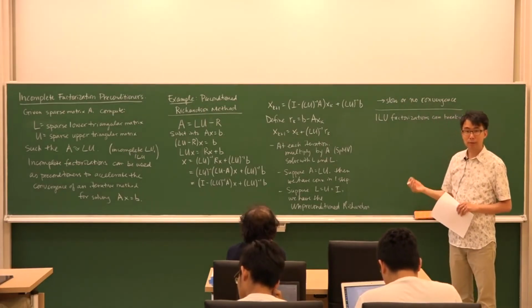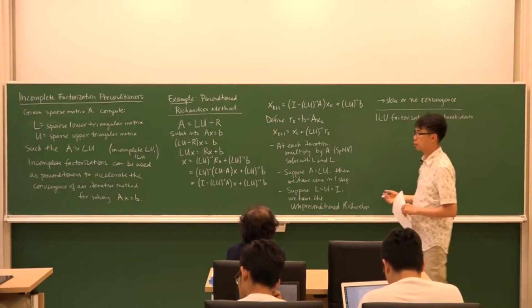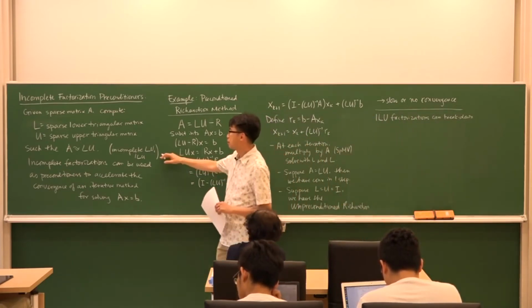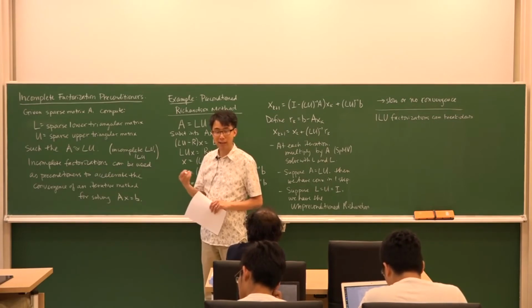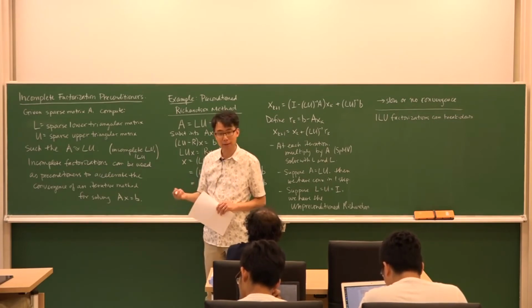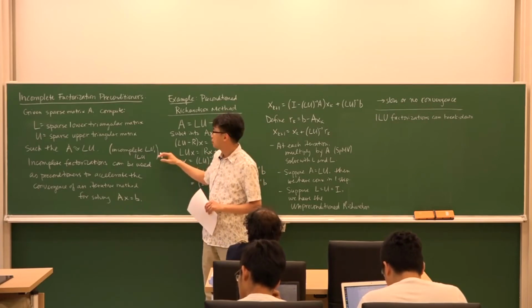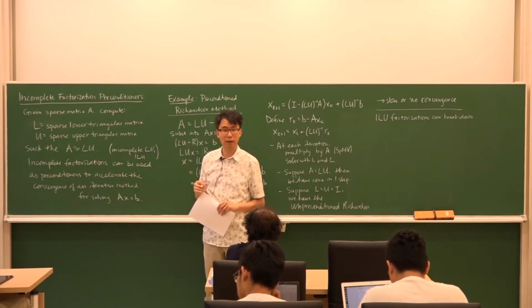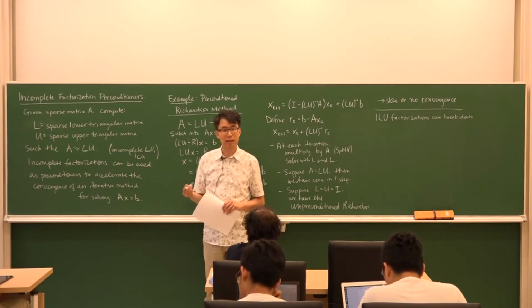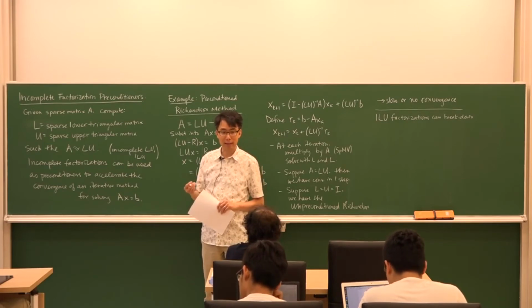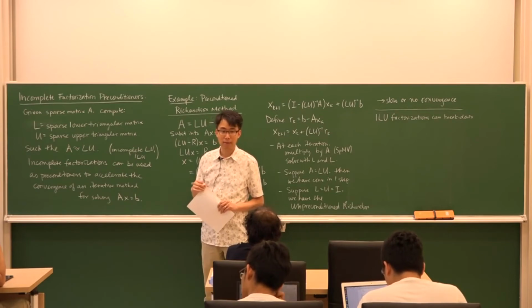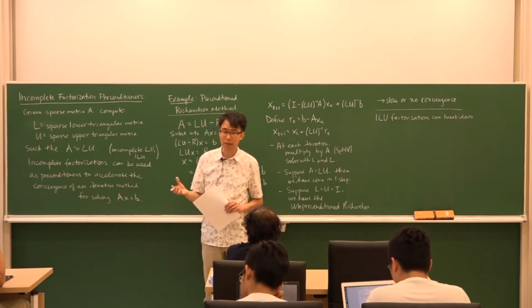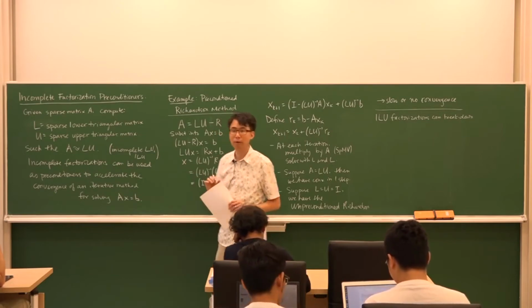And there are symmetric positive definite versions of this factorization, so incomplete Cholesky factorizations. If you're given a symmetric positive definite matrix, the exact factorization is called the Cholesky factorization. You can also, from there, define the incomplete version of that. And you know that if the matrix is SPD, the Cholesky factorization always exists, right? But the interesting thing is that the incomplete Cholesky factorization may not exist. There are some remedies to that, and we could talk about that if there is time. But that is something to be aware of.